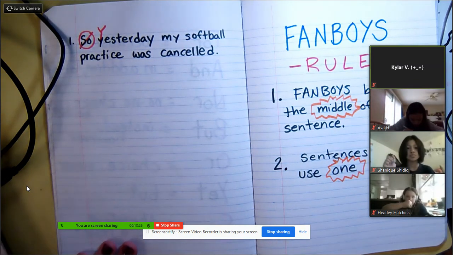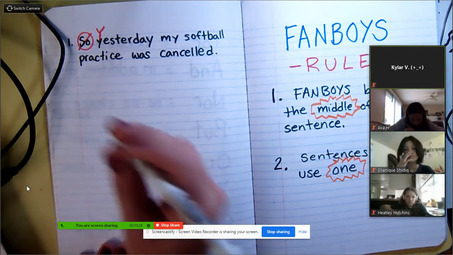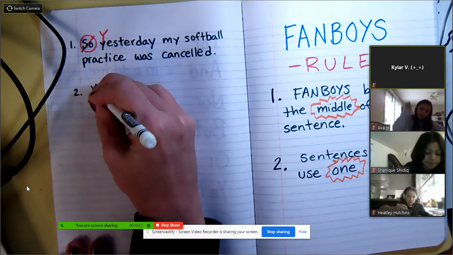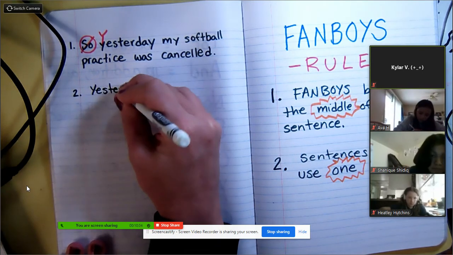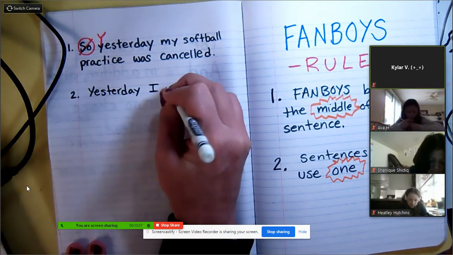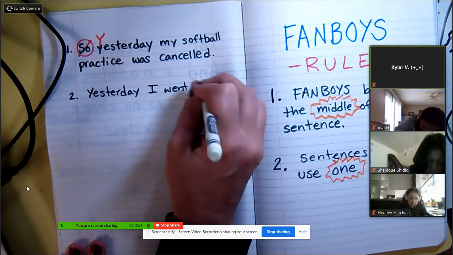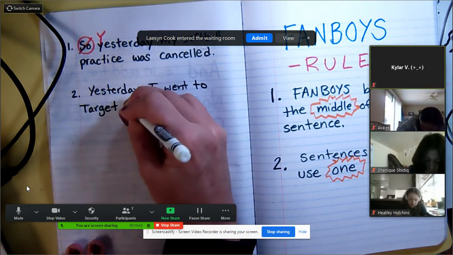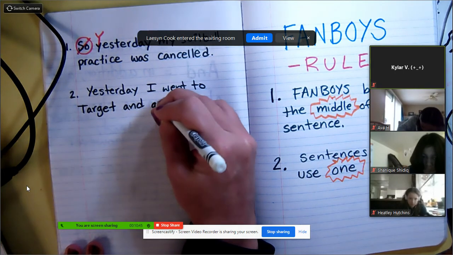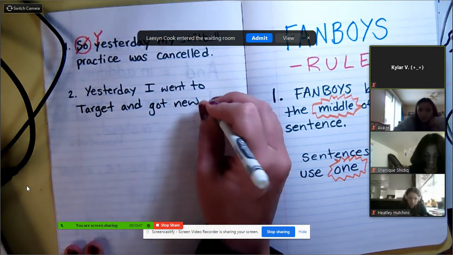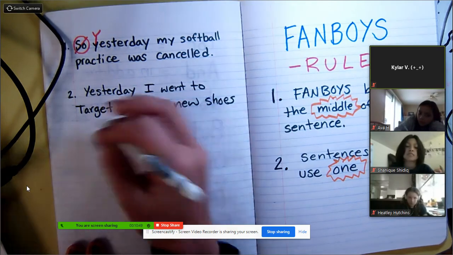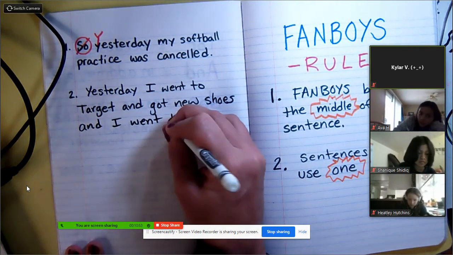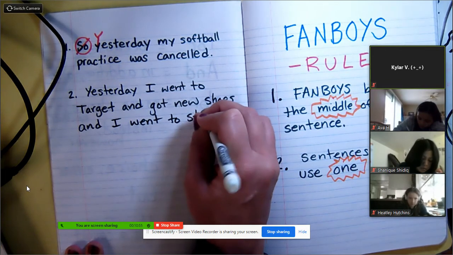Let's look at another sentence that breaks some rules. This is a long one.